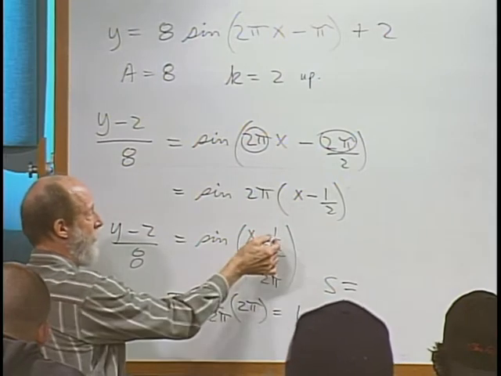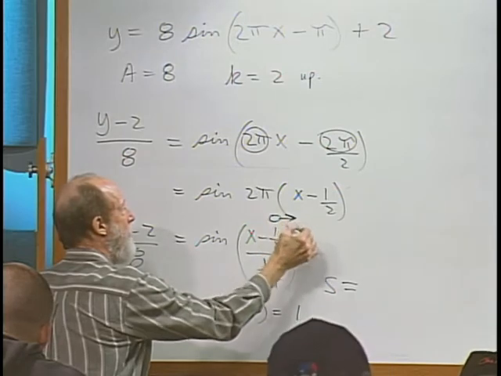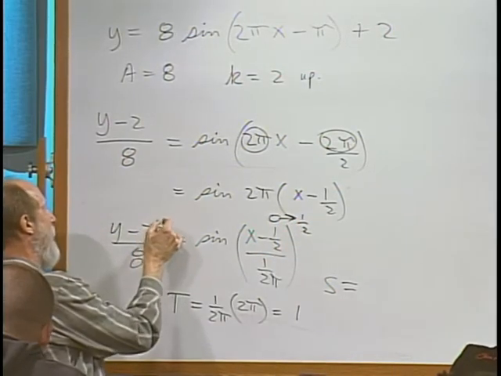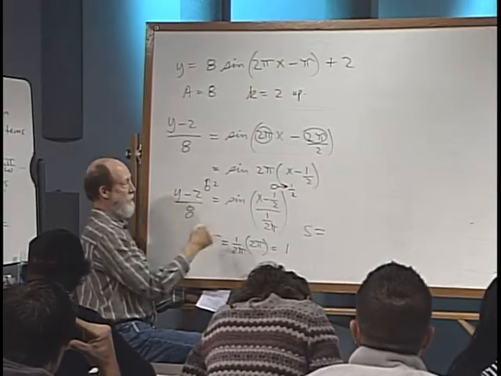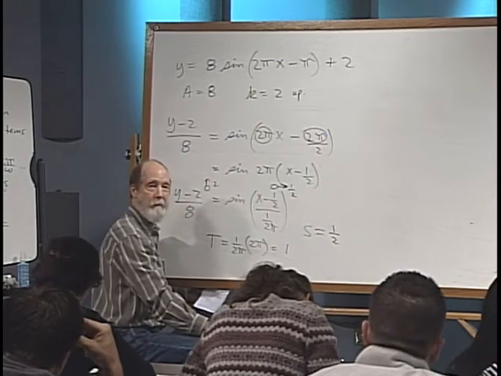Yeah, isn't this a shift to the right of 1/2 right here? A shift to the right of 1/2, just like this is a shift up of 2. So the phase shift is 1/2, positive 1/2.